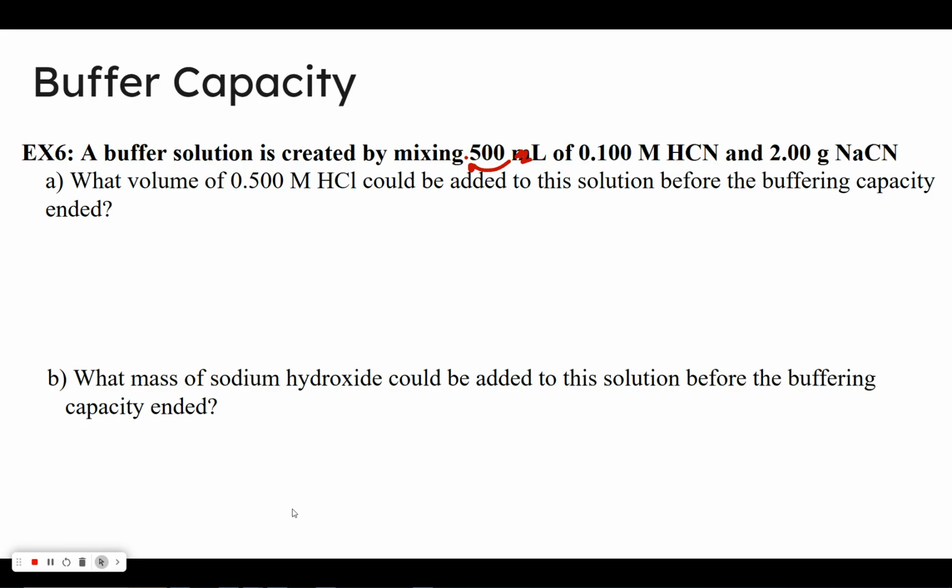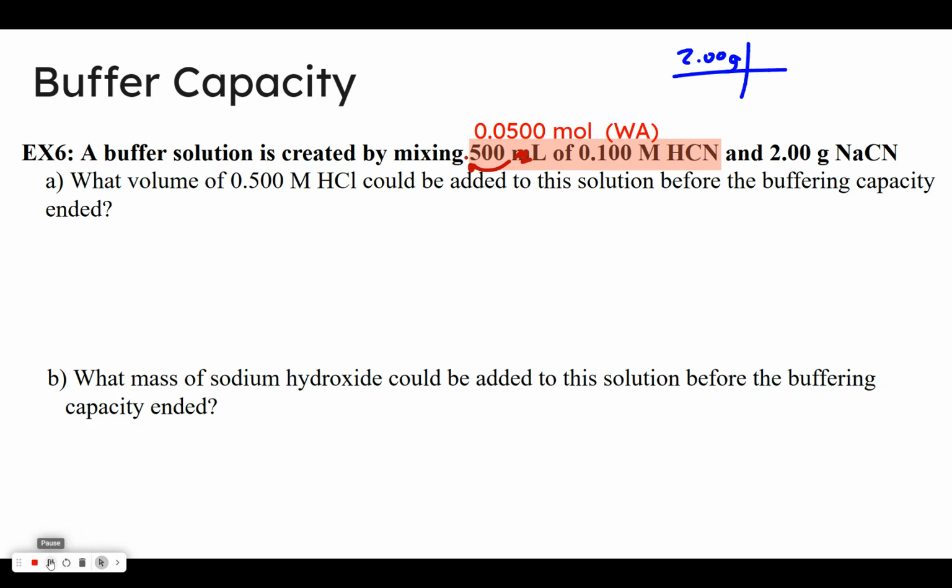and that's going to get me the fact that this hydrocyanic acid, the weak acid we're dealing with here, has 0.0500 moles of weak acid present in our buffer. And then I can take that 2 grams of sodium cyanide, and I could do a little bit of dimensional analysis here with our molar mass, which I already did the math, but let me double check what that number is supposed to be.